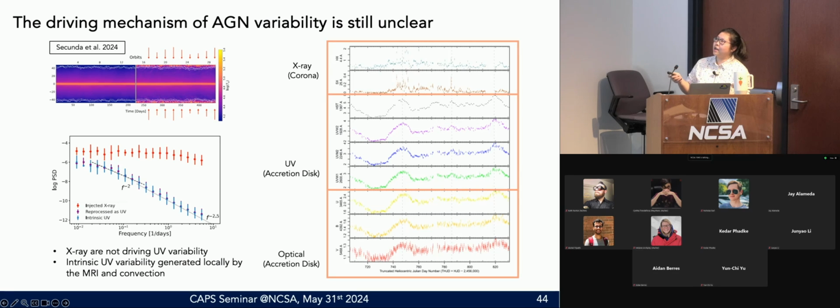It doesn't look like any of these, right? So there are recent simulations that show that when you inject extra X-ray photons into accretion disk models, a numerical simulation model, you don't really see its effect in the UV variability. So maybe X-ray is not the major driving force of UV and optical light curves.